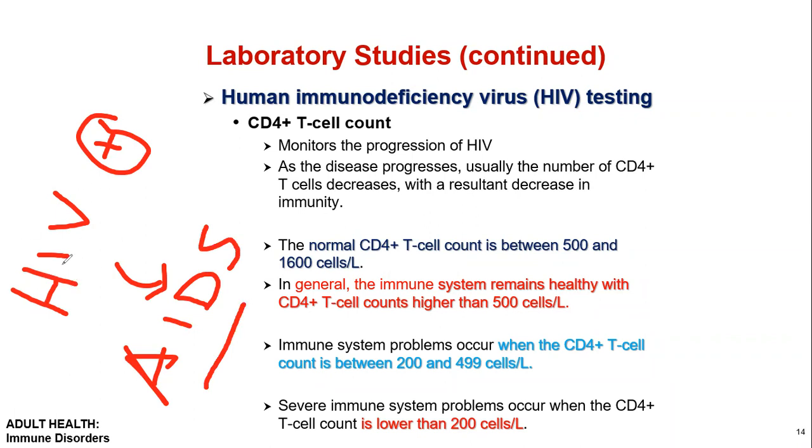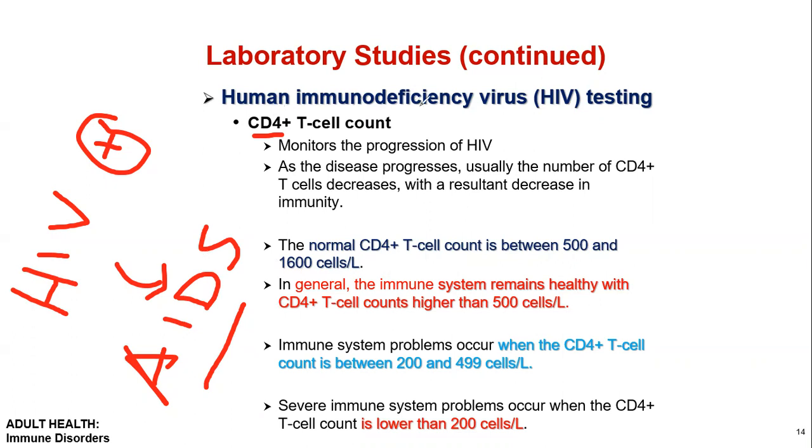HIV is a virus. If a patient is HIV positive, it does not mean he or she are AIDS patient. When we call a HIV positive patient diagnosed the AIDS, when we count CD4 cell. So if CD4 cell is go down less than 200, we call AIDS.